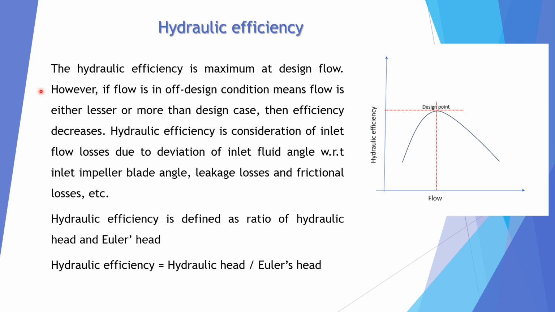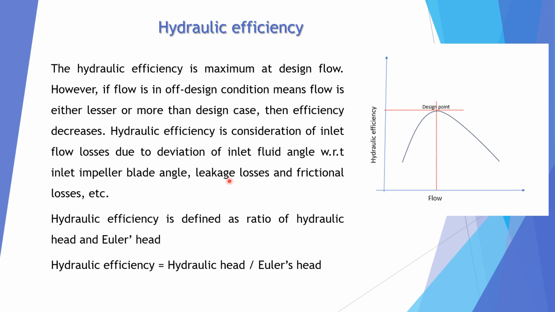Hydraulic efficiency is a consideration of inlet flow losses due to deviation of inlet fluid angle with respect to inlet impeller blade angle. In off design case, the inlet fluid angle does not necessarily match the blade angle, and that is why it is always advisable to run the machine at design condition, because in off design condition the fluid angle does not match the inlet angle, and there will be losses.